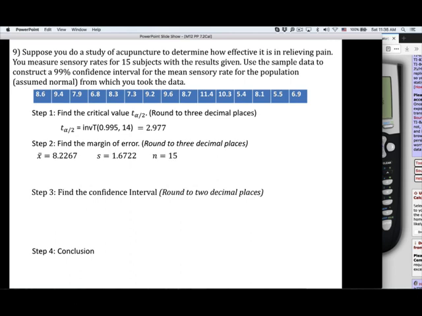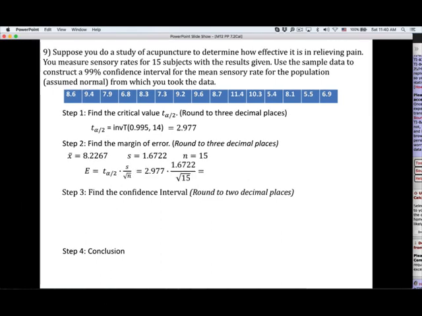Now, find the margin of error. Check your work. You have the critical value times the sample standard deviation divided by the square root of 15. You should get 1.285.